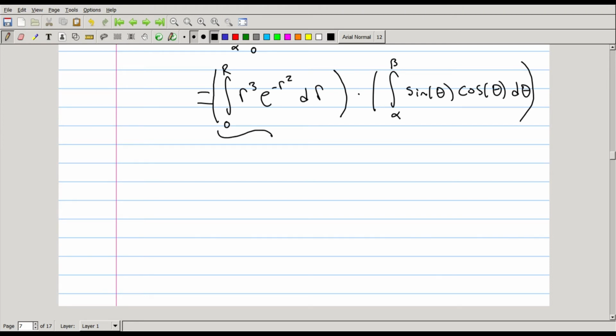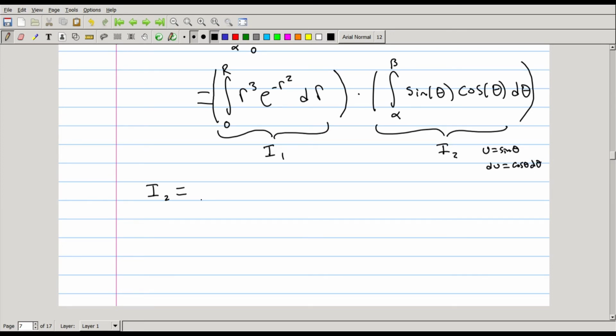And so if I call this I1 and this I2, and just use some of my techniques from calculus 2, that I2 can be figured out using u substitution. Specifically, if I substitute in u equals sine theta, then du is going to be cosine of theta d theta.